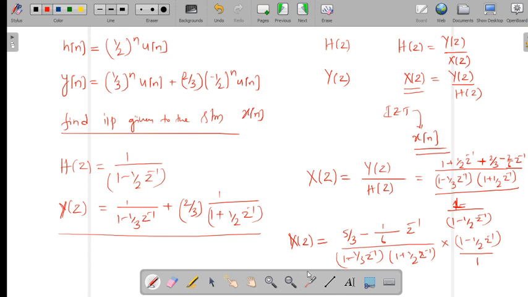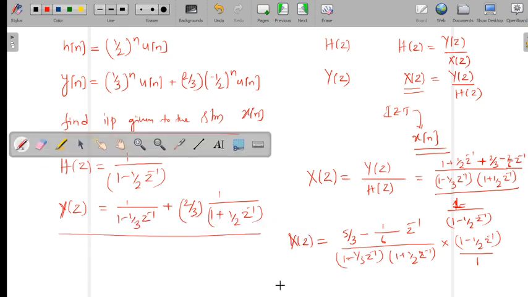So we can write x of z as this whole thing, divided by 1 minus 1 by 3 z inverse into 1 plus half z inverse.